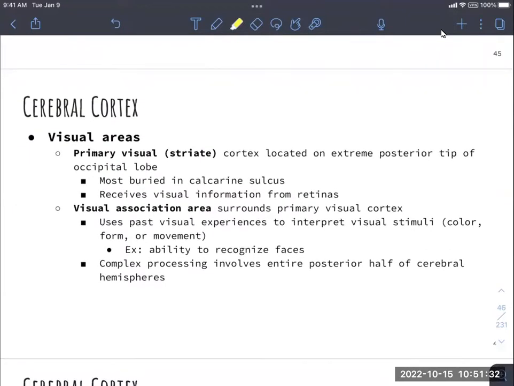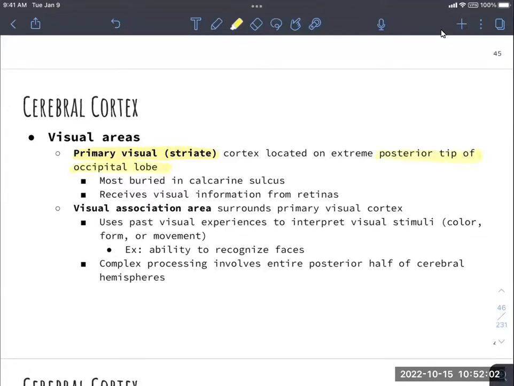We have visual areas in our brain. We have a primary visual or striate cortex. Remember when we looked at those pictures of the brain lit up in different areas depending on what that person's brain was doing? Remember how visual was all the way at the back of the brain?